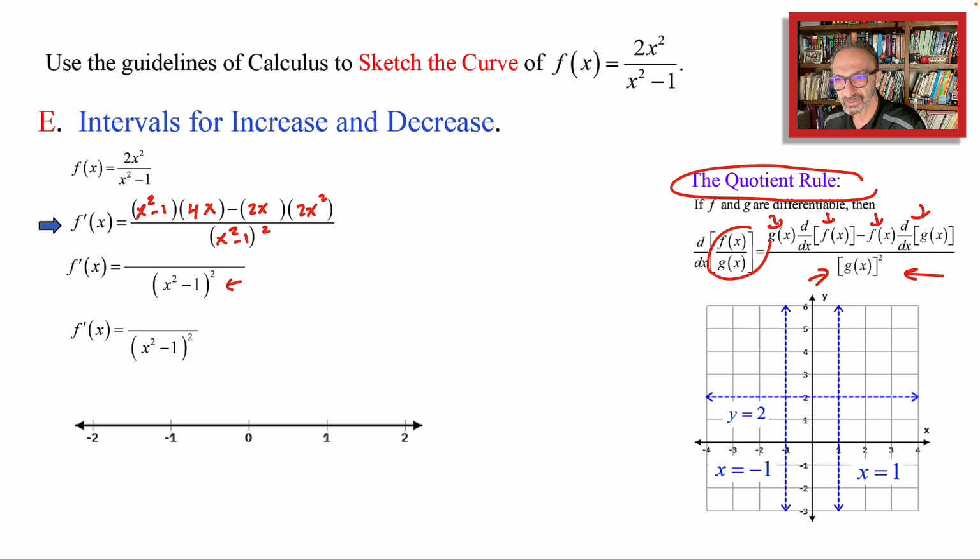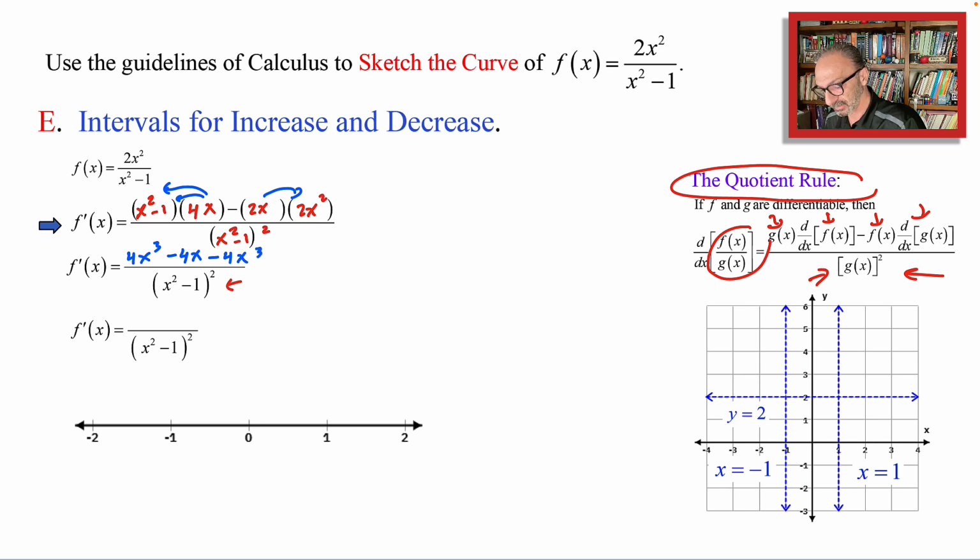The numerator will simplify. Let's use the distributive property right here. That's going to be 4x to the third minus 4x. And next to it, after we subtract, 2x times 2x to the second will be 4x to the third.